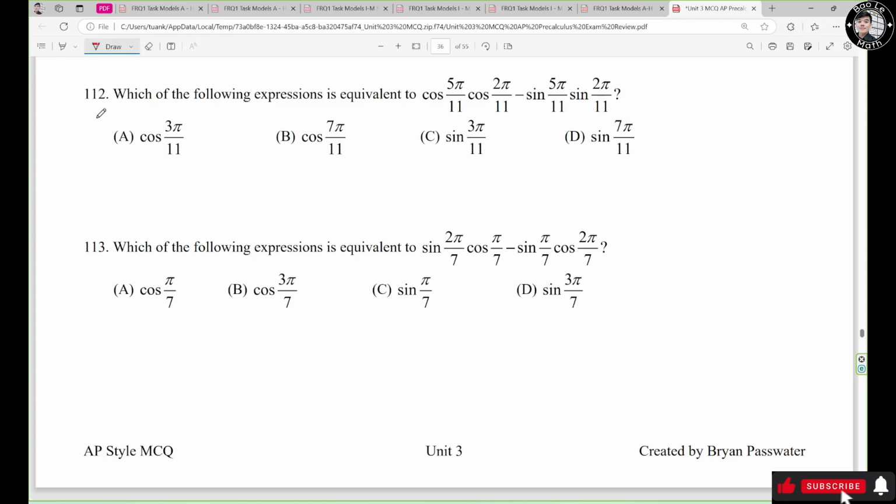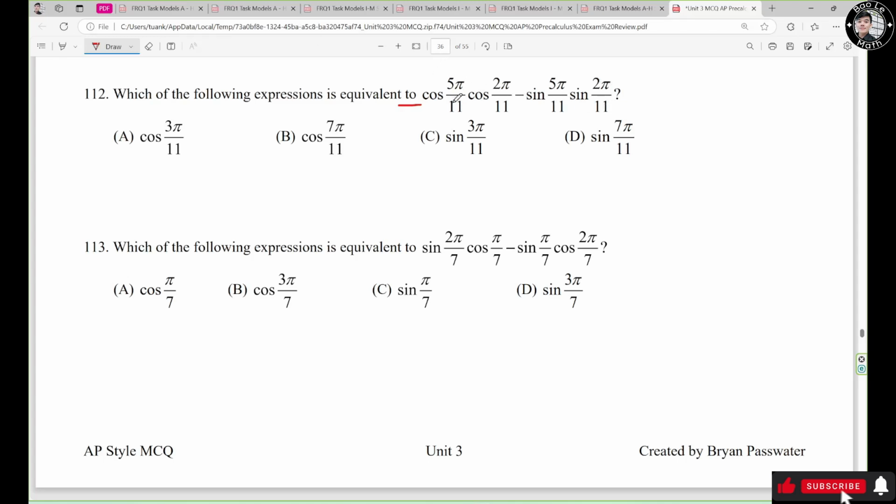Now question 112. Which of the following expressions is equivalent to cosine 5 pi over 11 times cosine 2 pi over 11 minus sine 5 pi over 11 times sine 2 pi over 11?